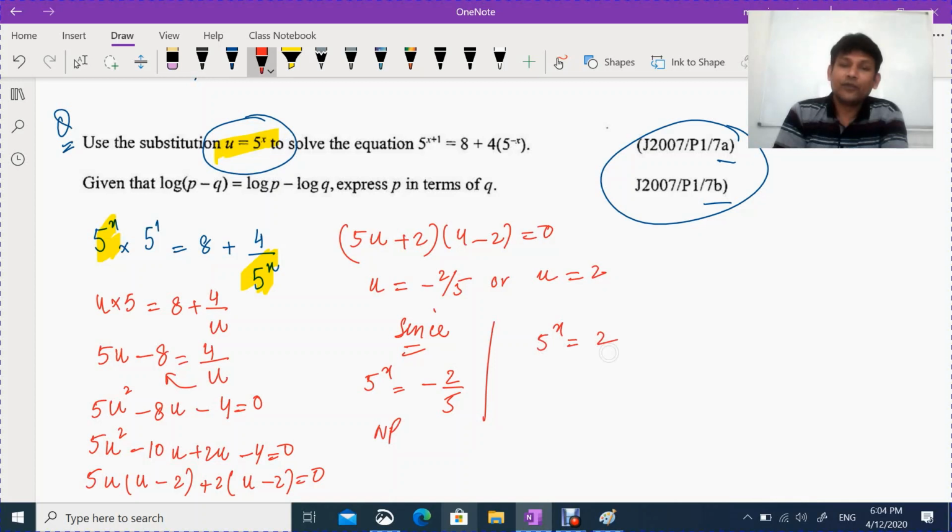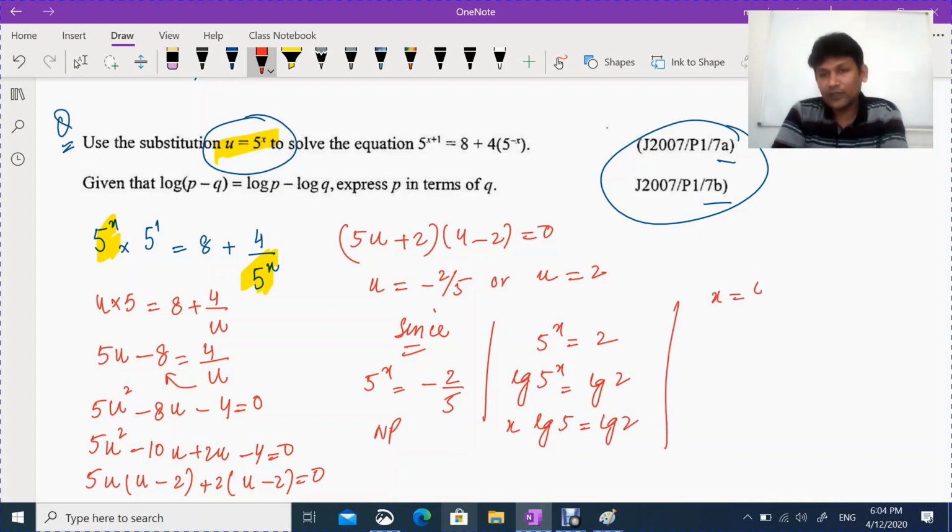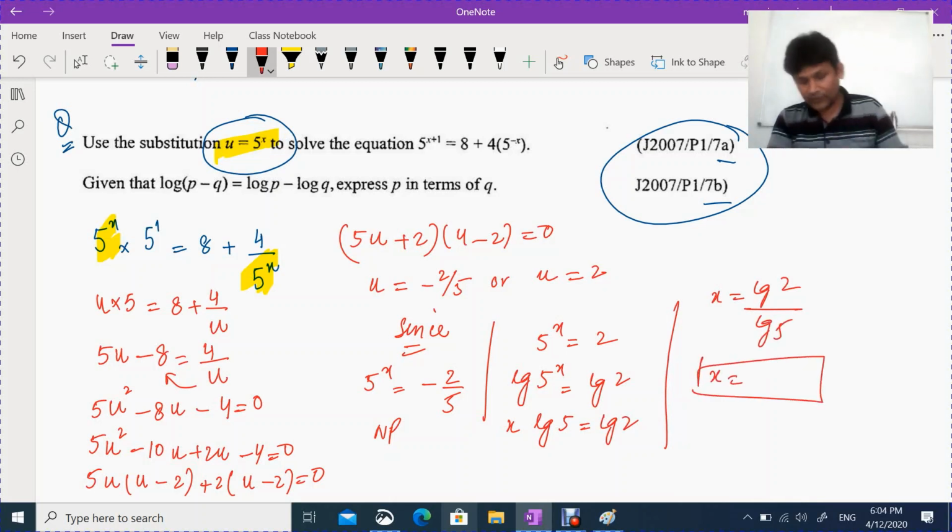Okay, now we have to make the same bases, but can you make the same bases? No. So we have to apply LG on both sides. When we have the same bases, we can compare the powers. Okay, by the power law, x will become the coefficient, and this is LG2. Finally, x is equal to LG2 divided by LG5, and you can get the answer by calculation.